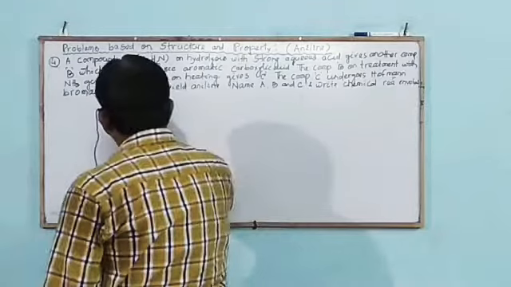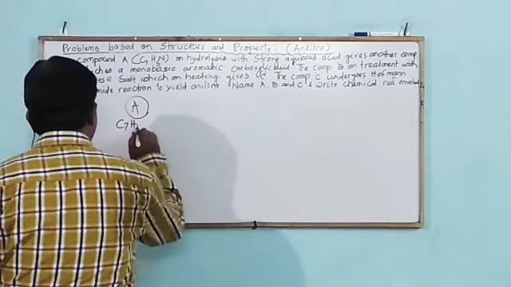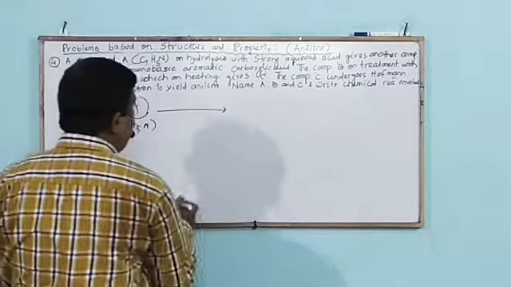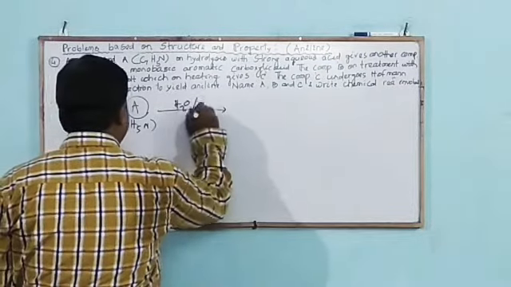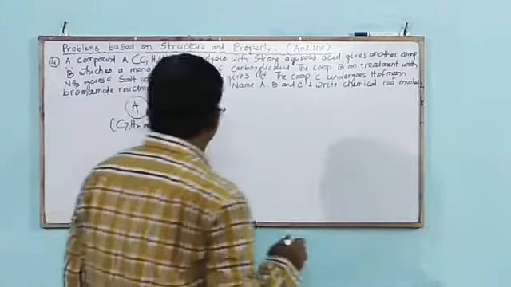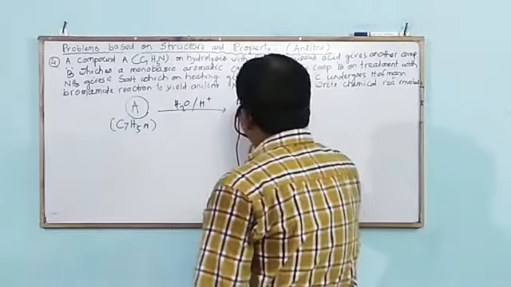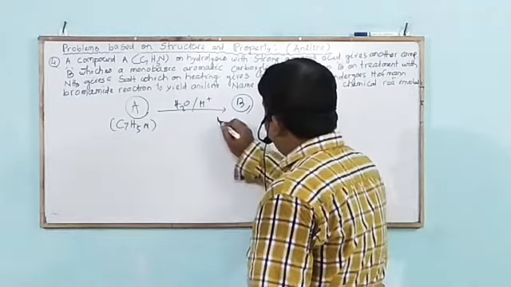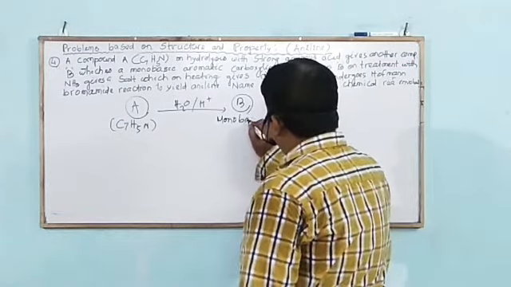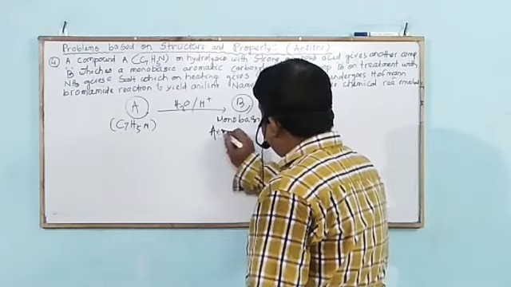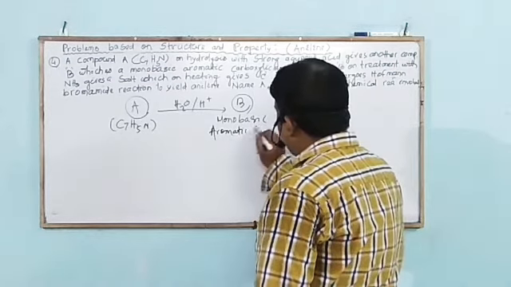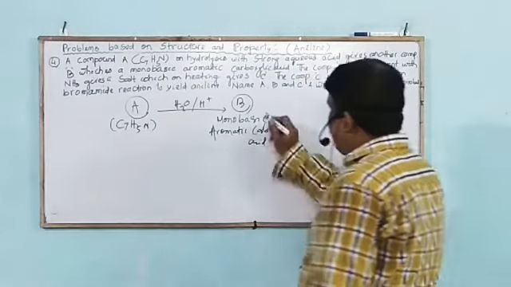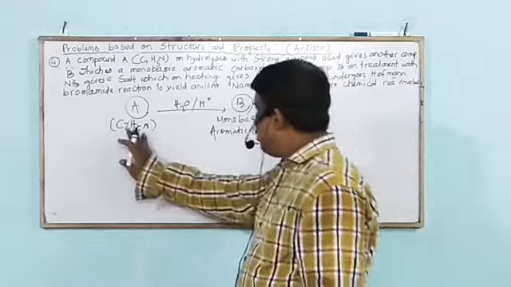A, that is C7H5N, when hydrolysed in presence of strong aqueous mineral acid, gives another compound B, which is a monobasic aromatic carboxylic acid.